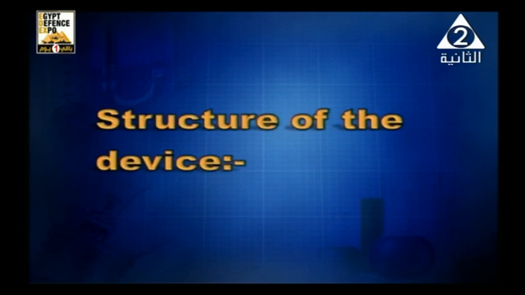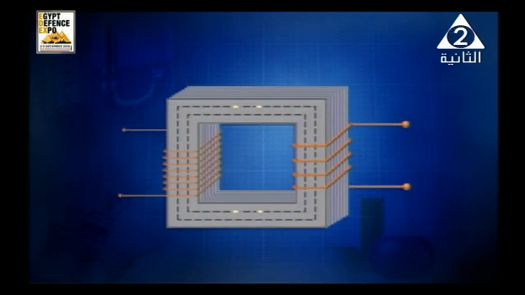And talking about the structure of the device, in front of you we've got a figure that shows the structure of the device. We have three major components. First of all, an iron core, and it is laminated as shown in front of you.